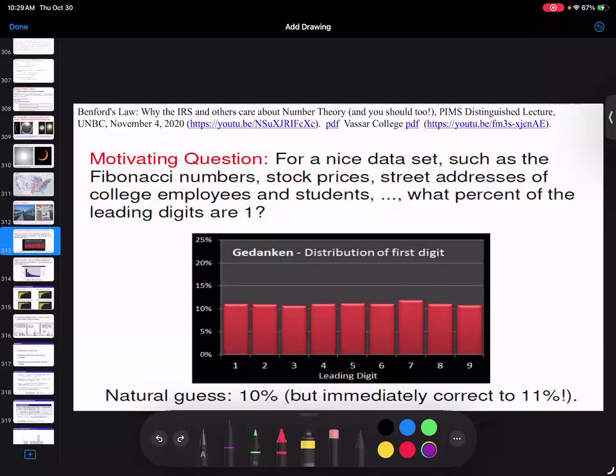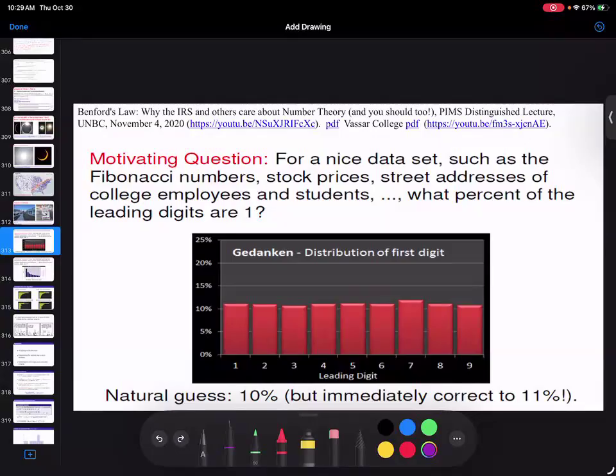How about temperature? Do you think if you look at the daily high in Siena in October, that all first digits are going to be equally likely? No. I don't think you're going to see many 8s or 9s. Hopefully you won't be seeing too many 1s or 2s. So you would expect the data to be clustered.